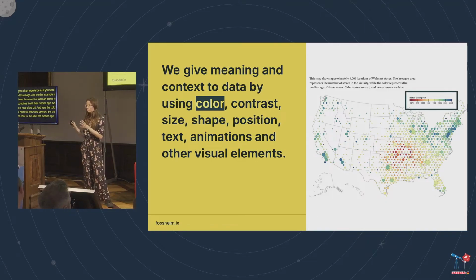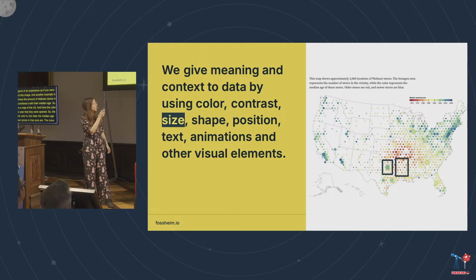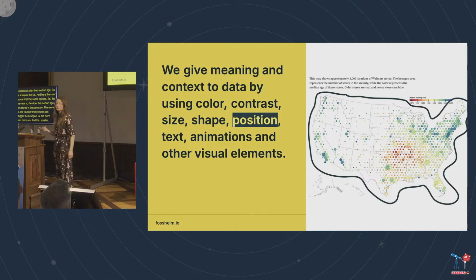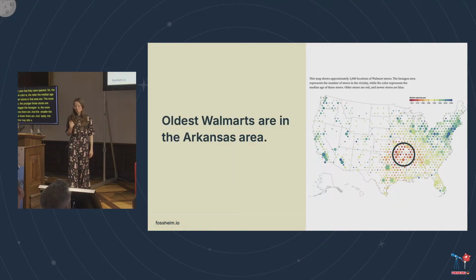The more deep blue it is, the younger those stores are. Similar, the bigger the hexagon is, the more Walmart stores there are, and the smaller the hexagon, the fewer there are. And then lastly, the position on the map also tells us a bit about which city or which state the data is from.